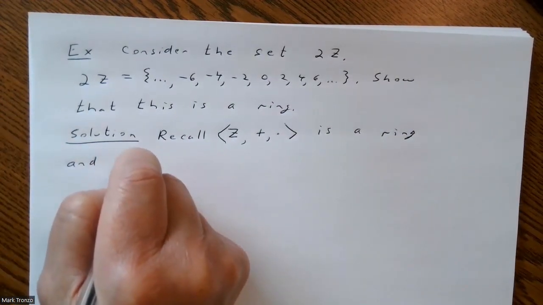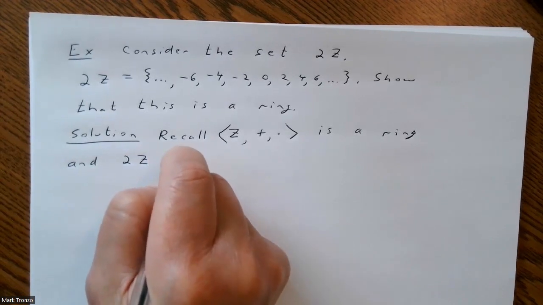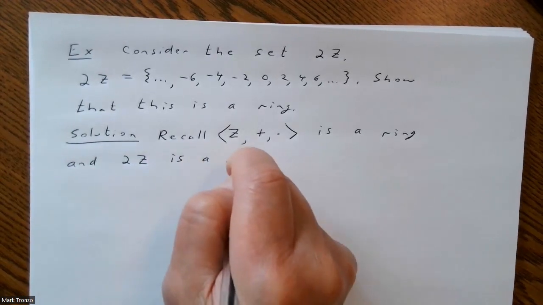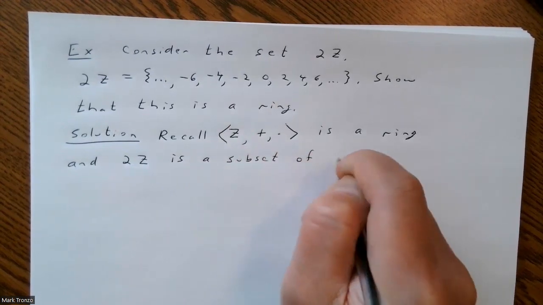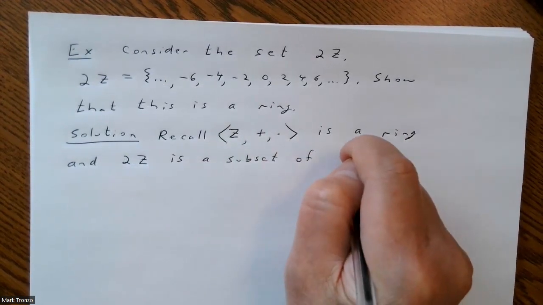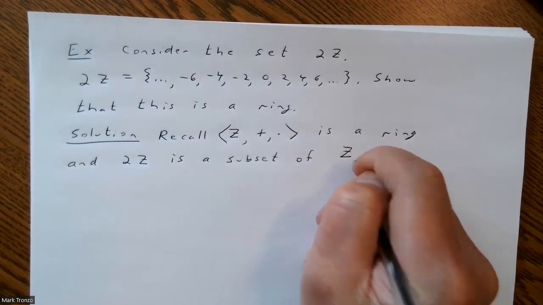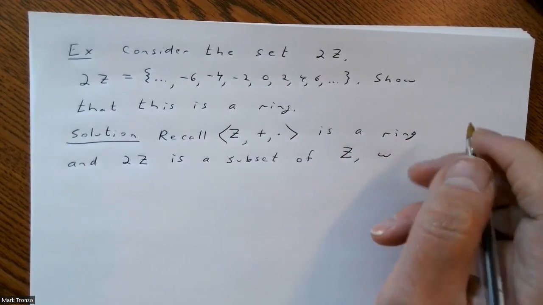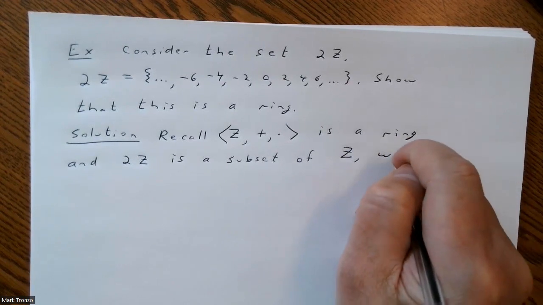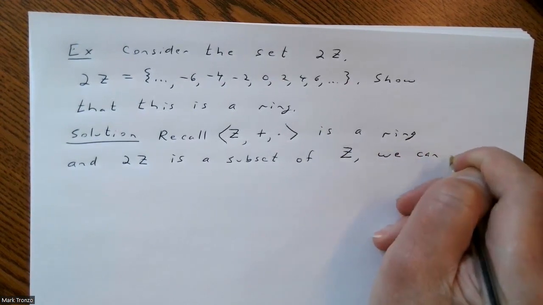And 2Z is a subset of Z. So we can use the subring test.